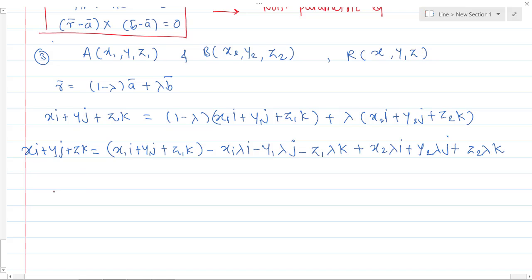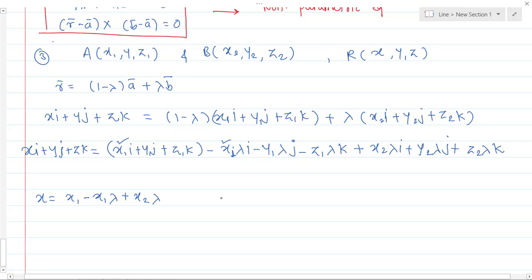So for the i, what you will get, x is equals to, यहाँ पे कौन कौन है भाई, x1, write down x1, then we have minus x1 lambda, and here we have plus x2 lambda, okay.